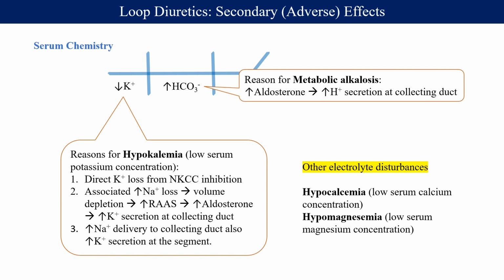Hypocalcemia and hypomagnesemia may also be seen with the use of loop diuretics. Finally, the use of loop diuretics may increase renal reabsorption of uric acid, which leads to hyperuricemia and precipitation of gout attacks in at-risk individuals.